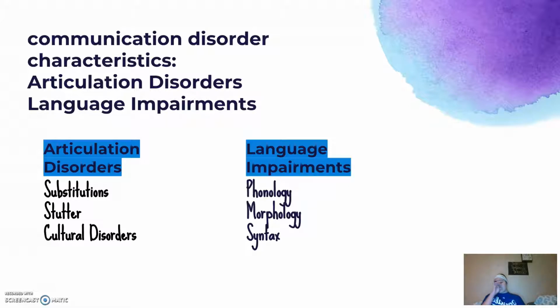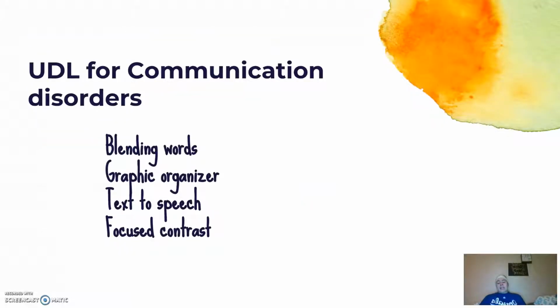This is such as ordering words in a manner that does not have meaning. So the way they might structure a sentence might make sense to them, but when they say it out loud, it doesn't make sense to us. And the UDL for communication disorders are blending words, graphic organizers, and then text to speech and focused contrast.